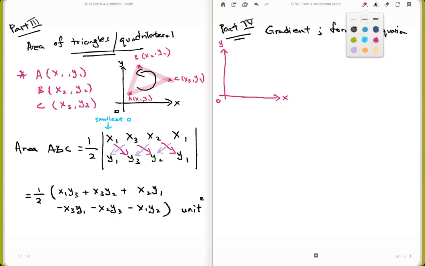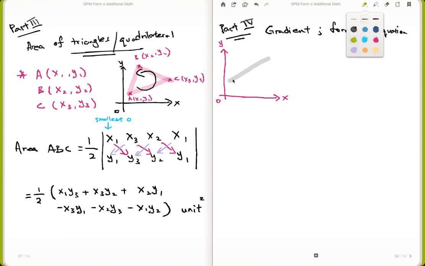Now, at this point, you should have known that if any line that's linear, there's no doubt for sure.